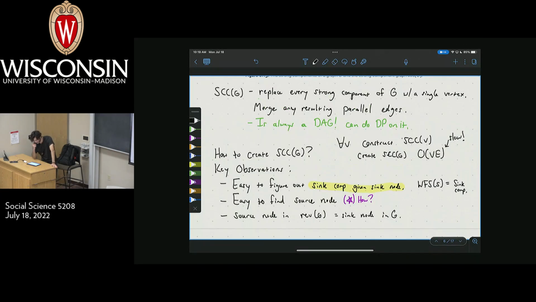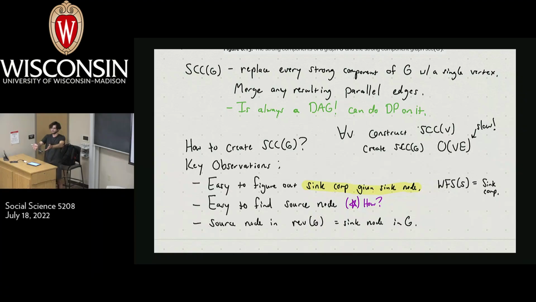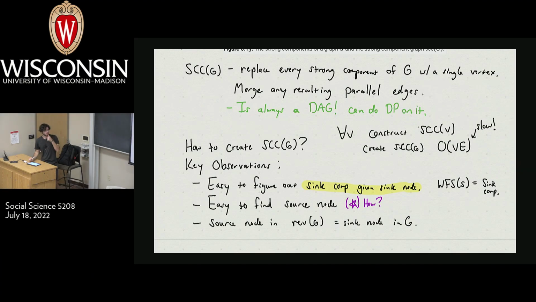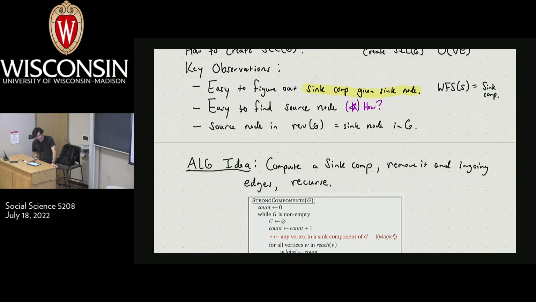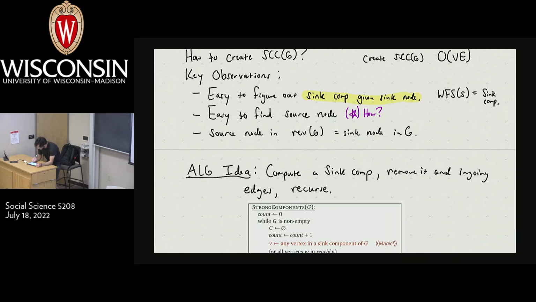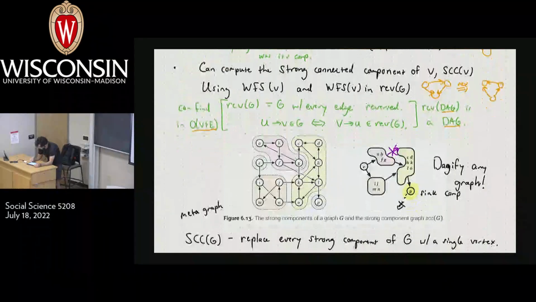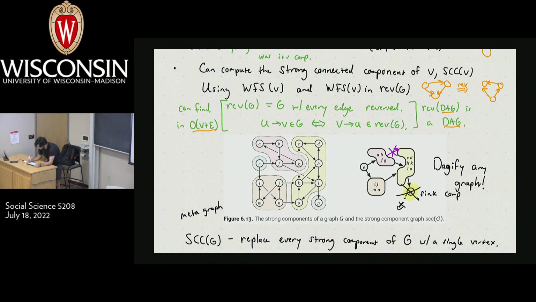So that's the first observation. If I gave you a sink node, you can tell me the sink component. So let's say I gave you a sink node. Then what we can do is compute the sink component using the whatever-first search, remove it from the graph and its ingoing edges, so things that go to the sink, and then we can recurse. Once we've eliminated that sink component, this becomes a new sink because we've removed those outgoing edges.